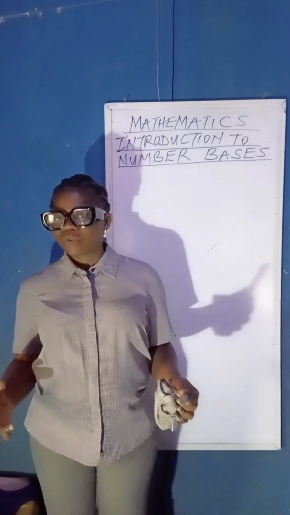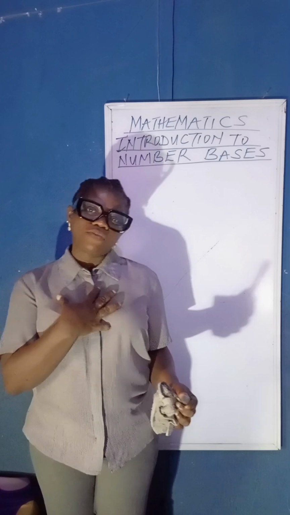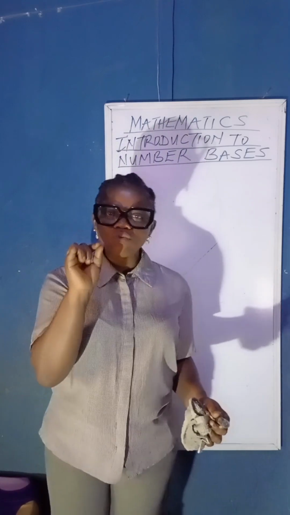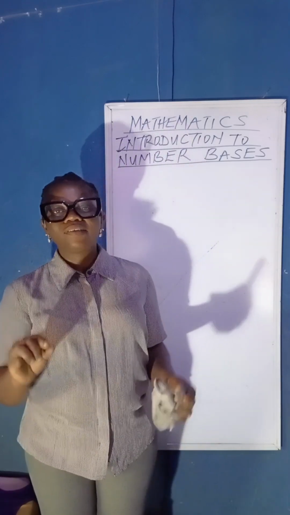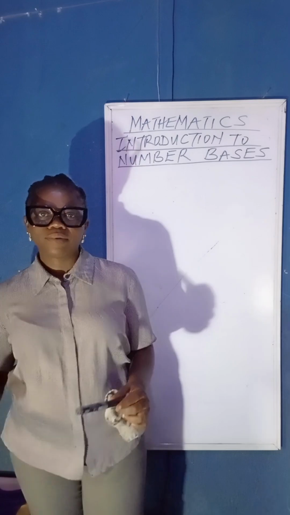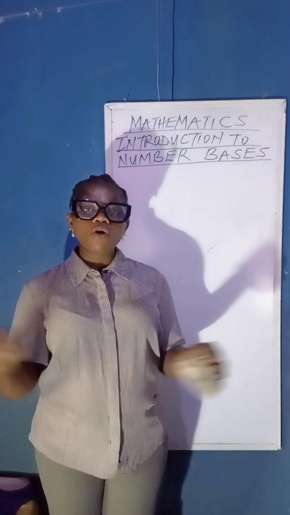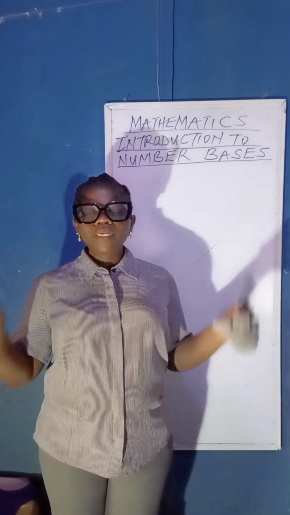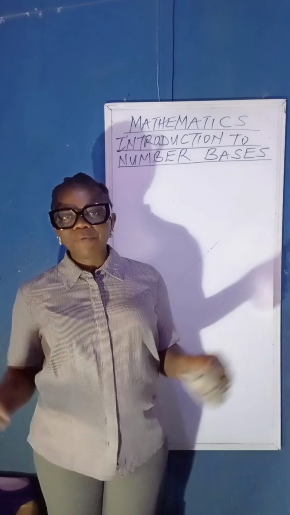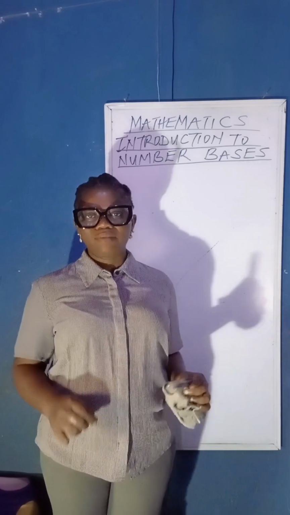For example, if I say I am 12 years old, that 12 expresses 12 base 10. Usually for all number bases other than base 10, their base is written beside them.